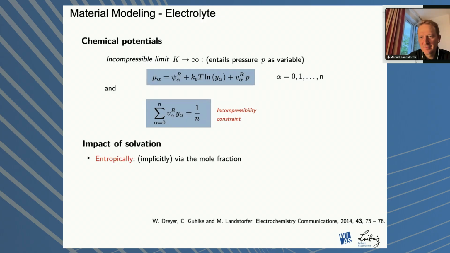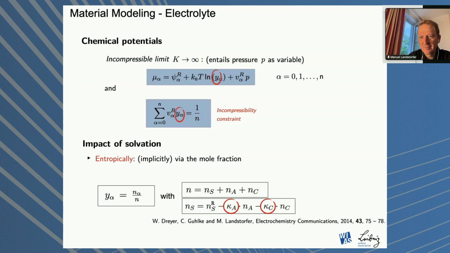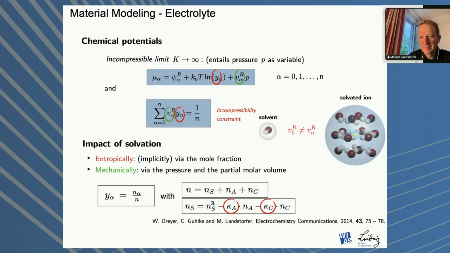And let me point this out here again. So the impact of solvation is here in multiple ways: entropically, via the definition of y alpha, the mole fraction, and mechanically via the partial molar volume, which is in green here, shown in front of the pressure term and also in terms of the incompressibility constraint.